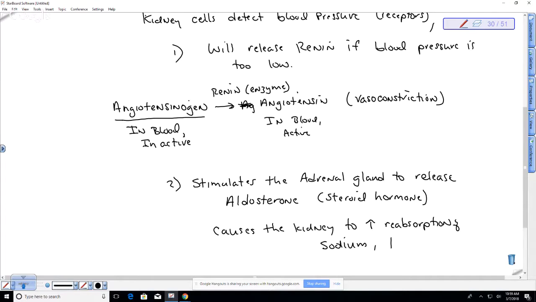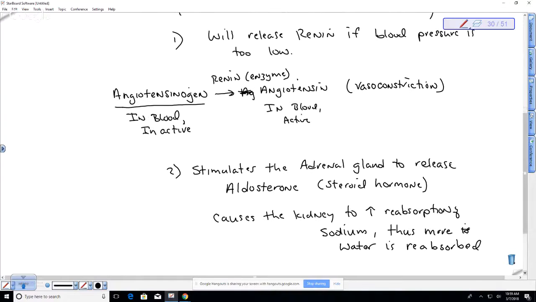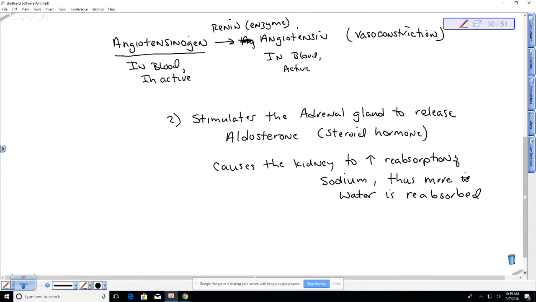Thus, more water is reabsorbed. And what does that do to blood volume? Increases blood volume. What does that do to blood pressure? Increases blood pressure.